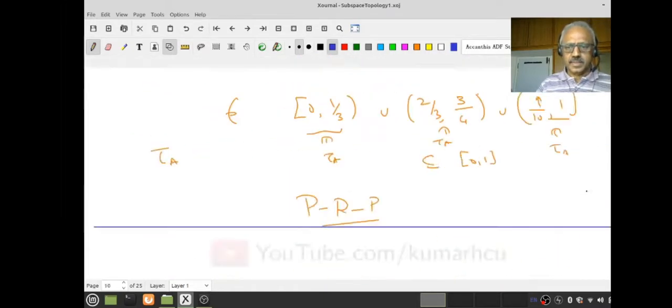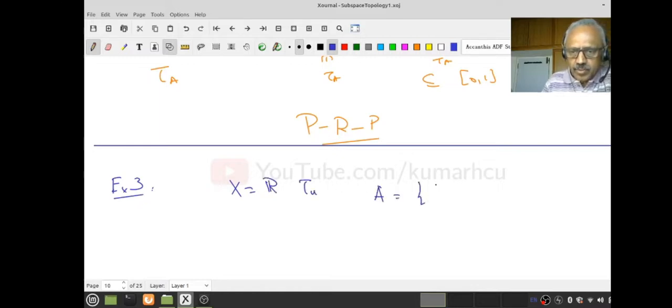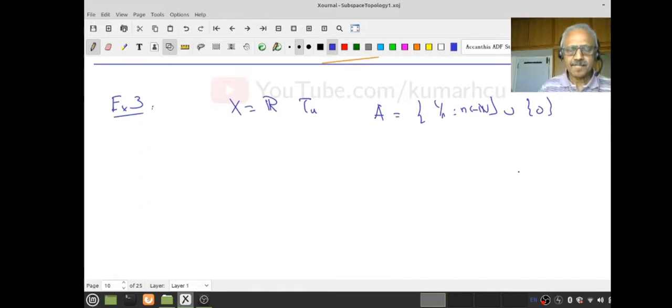Now let's look at example 3. Suppose again my X equals R with the usual topology and my A equals the set of 1/n as n varies over the natural numbers, union the singleton 0. Now what is the subspace topology?